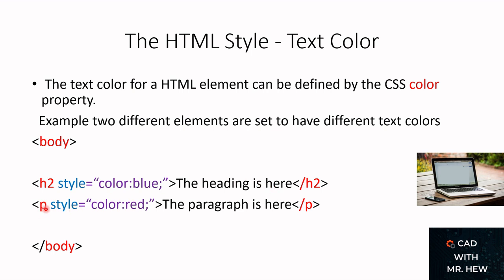And here we have the paragraph tag, and the style is equal to open quotation color colon red semicolon close quotation, and the paragraph text would have a red color using this example, right?